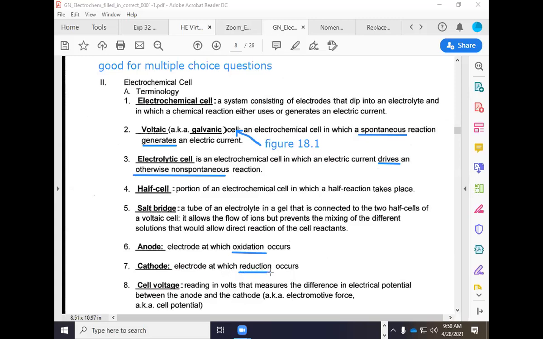So you need to know your oxidation and your reduction because you're going to match the anode with the oxidation. This is always. And the cathode always with the reduction. So that's always.